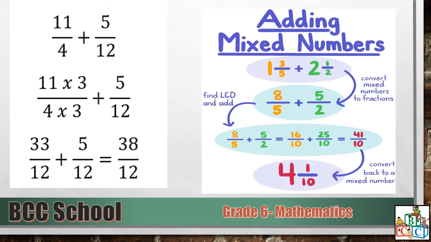You will have to convert these numbers to improper fractions. 8 over 5 plus 5 over 2. Then you will have to add the two numbers. 41 over 10 is the answer. Thus you have to convert it to a mixed number. 4 1 over 10.